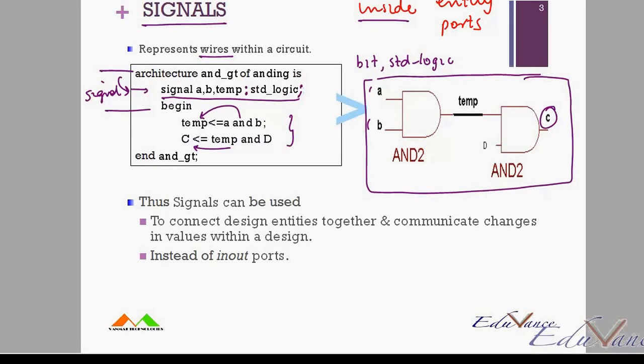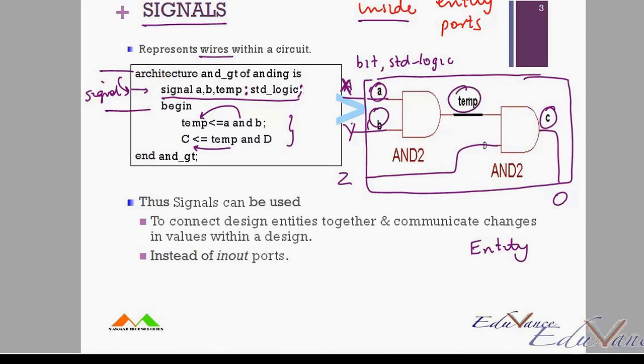Then I would specify ports, uppercase A, let's just call it X. I would say Y, and then I would say Z, and this output would be O. So X, Y, Z and O would be a part of my entity, but A, B, temp and C would be a part of my signals.